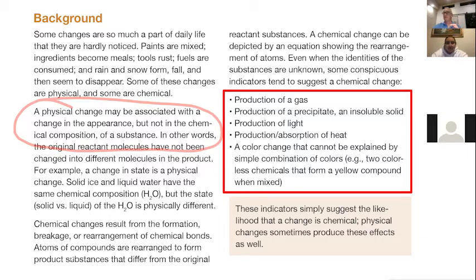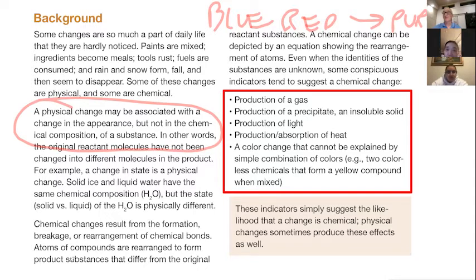For instance, if you mix blue and red together to make purple, is that chemical or physical? Physical? Yeah, that's physical, because that's what you would expect. If you took a blue filter and put a red filter in front of it and then looked at a light, you'd see purple. But nothing chemical has changed. Nothing chemical has happened. So that's a physical change.